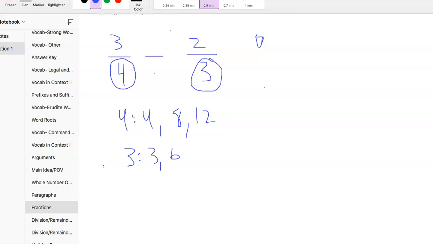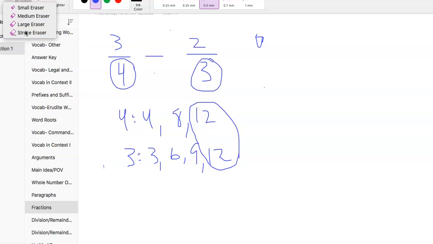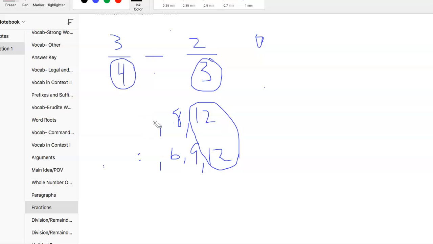So I'm just adding 3 each time. 6, 9, still don't have anything the same. 12. Okay, so I got 12 here and 12 here. That's going to work. Let me erase that back out. So we're going to get a denominator of 12 for both of these, and then we can subtract.